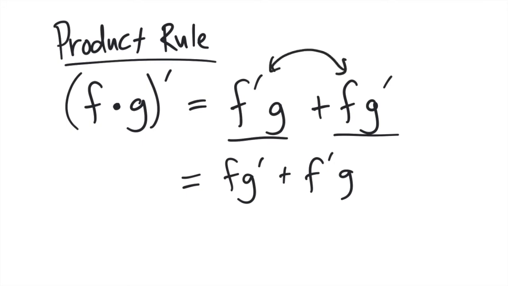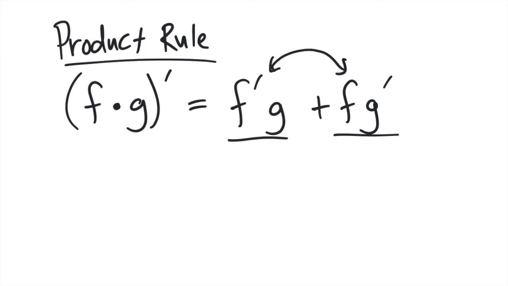That's perfectly fine because addition is commutative. So find the way that you can remember and memorize this and use this that you're comfortable with. For me, I prefer having f prime first with g, just because that's the way it's going to show up in the quotient rule as well. And that way you don't need to remember two different formats or two different formulas.